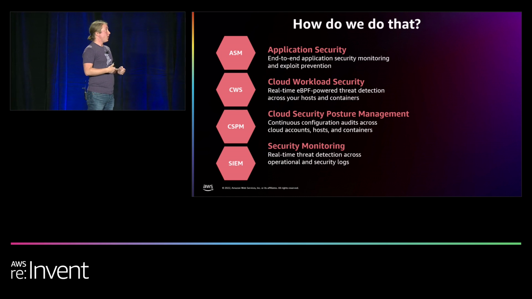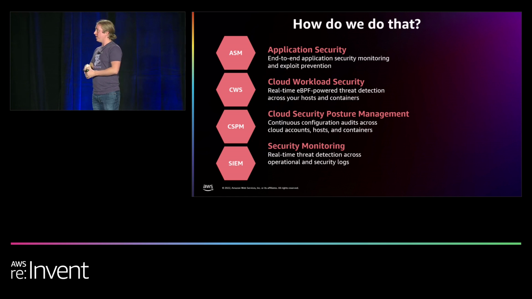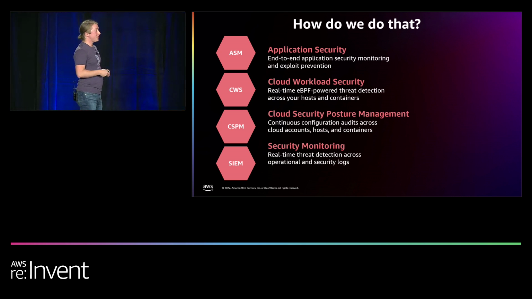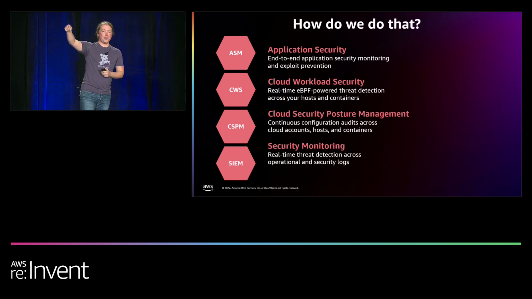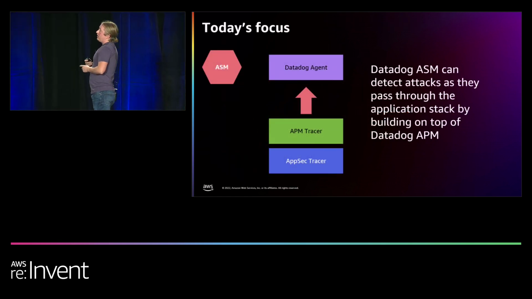But what we've seen is the rise of continuous monitoring of things like configuration, like let's detect changes to the environment that are less in favor of security or might cause a potential data leak, cloud workload security, detecting things at the endpoint, and then what's brand new, what you might all be interested in, is actually embedding these things in the application itself using something like application security management, which is what we call it at Datadog. It literally sits inside of the application stack itself.